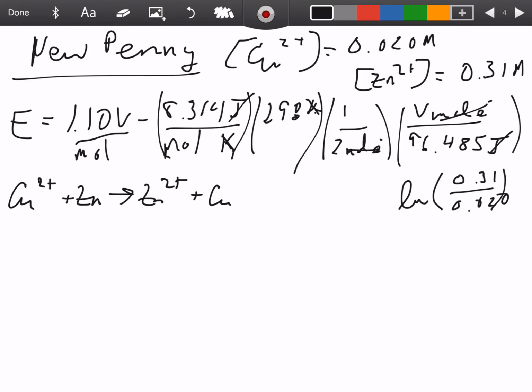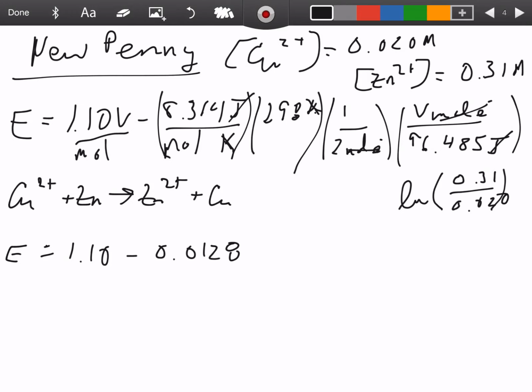If I do my calculation, E is equal to 1.10, leaving units off here, minus 8.314 times 298 divided by 2 divided by 96,485, which is 0.0128.